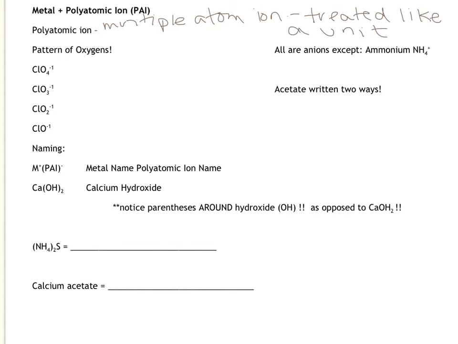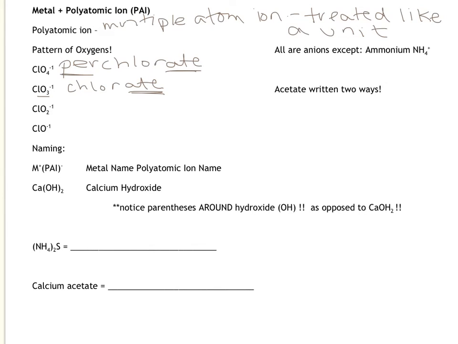So if I look here, I have this pattern of oxygens from most oxygens to least oxygens with a polyatomic ion. So ClO3 is chlorate, the ATE ending. If I have one more oxygen than chlorate, with ClO4, I have perchlorate, keeping that ATE ending and adding the per on the front.